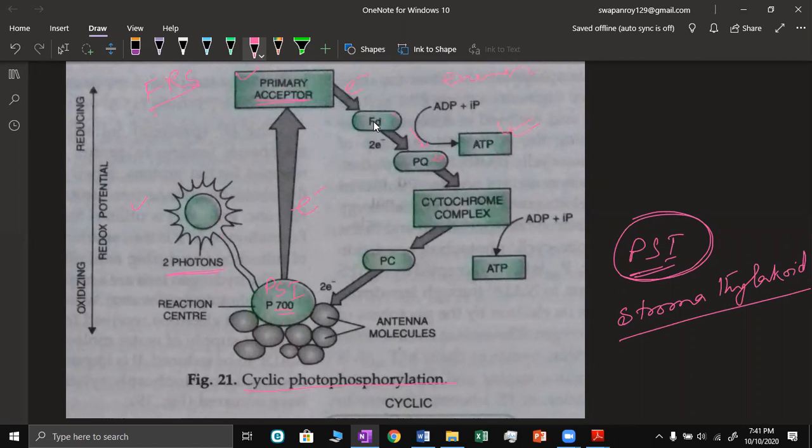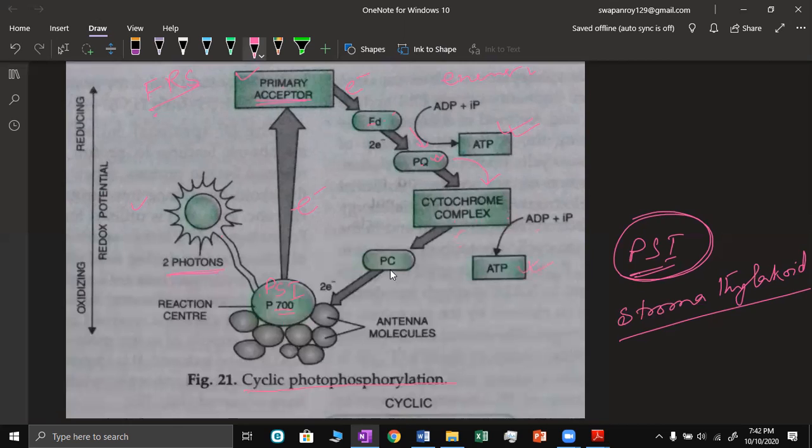After that, from plastoquinone the electron moves to the cytochrome complex, cytochrome b6 and f. Here also energy is released and ATP is produced.